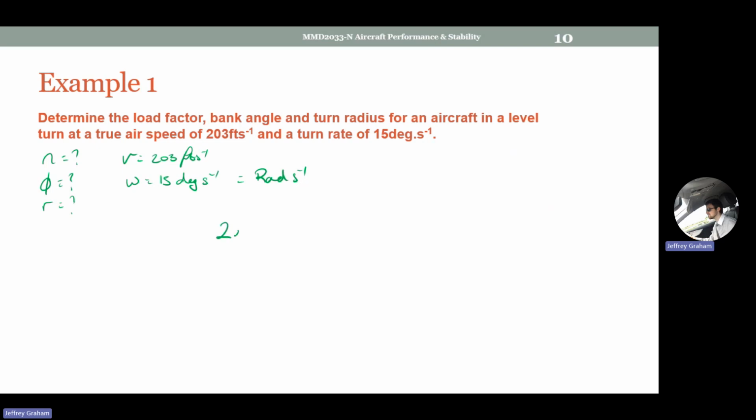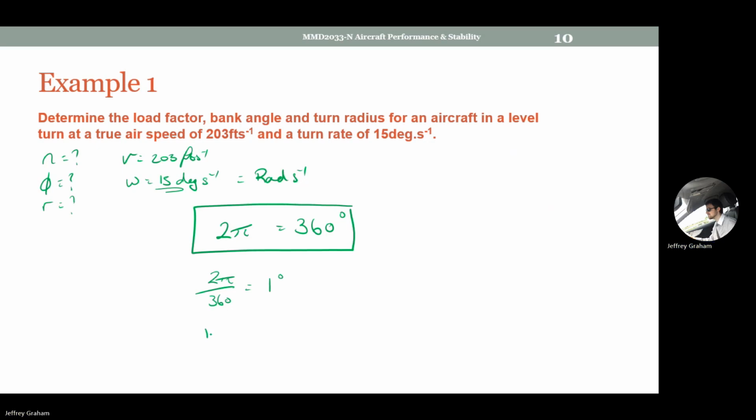The rule says every circle has 2 pi radians, but it also has 360 degrees. That is your starting point. I want to know what 15 degrees is in radians, so I'm going to find out what 1 degree is. I'm going to go 2 pi, divide that by 360. I now know what 1 degree is, and I'm going to multiply this by the angle we want.